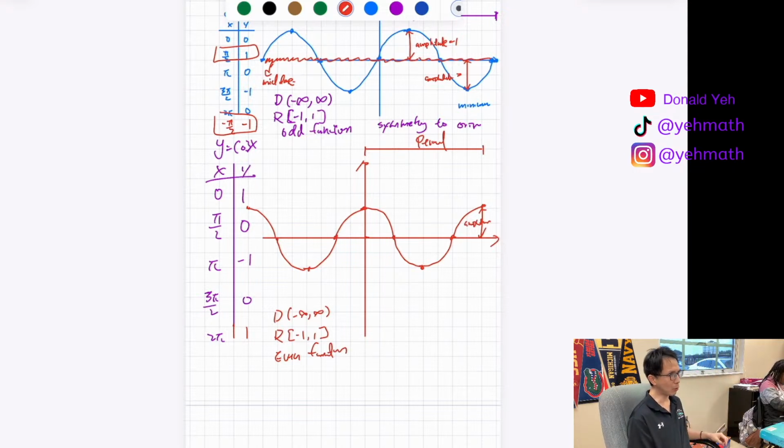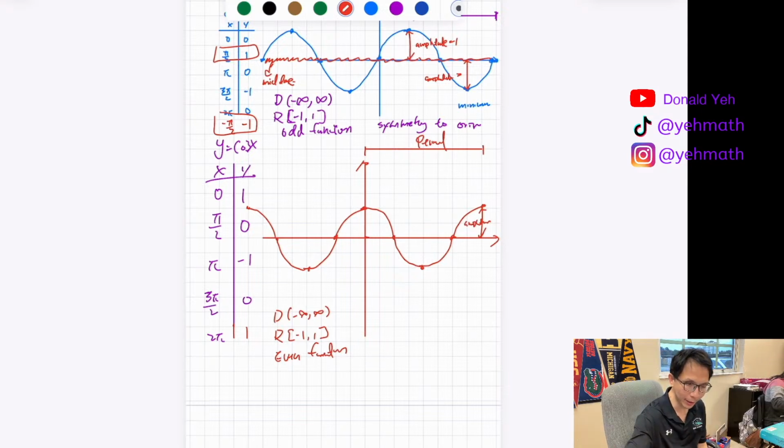Now I'm going to talk about one thing that's on the SAT a lot. They really emphasize something called the co-function identity. Co-function identity is about the sine function and cosine function. Are they the same? They are technically exactly the same graph, except there is a shift of 90 degrees or pi over 2.